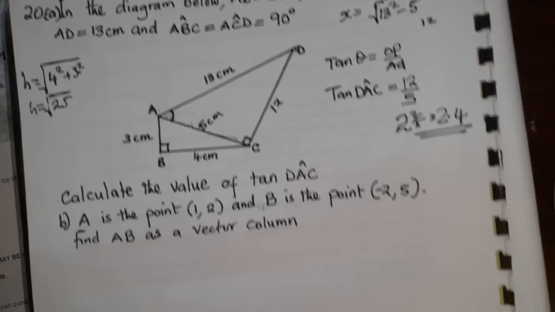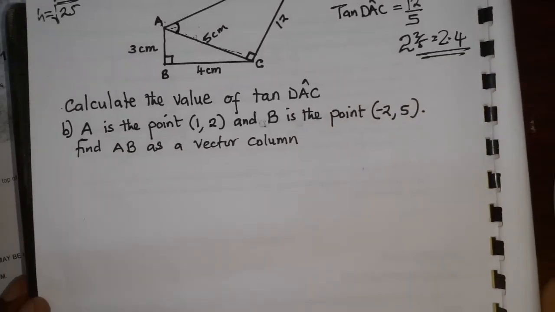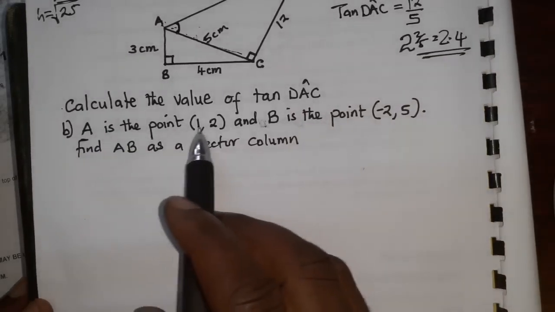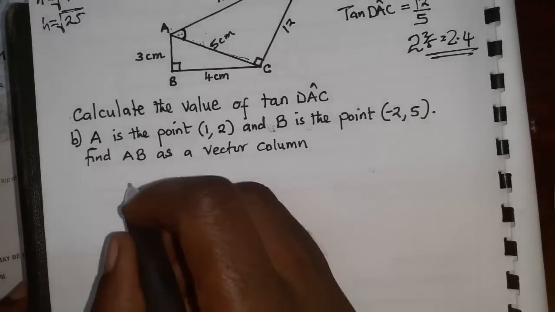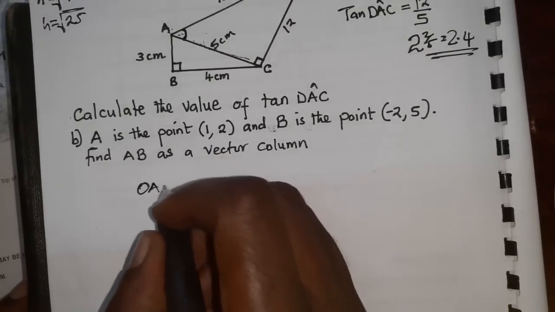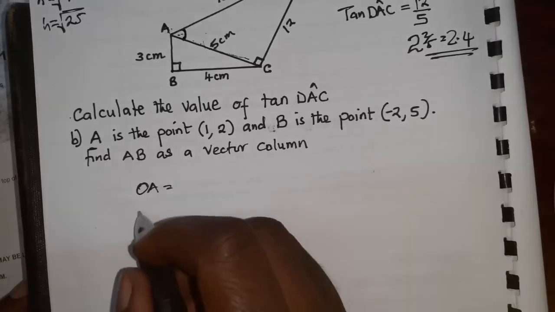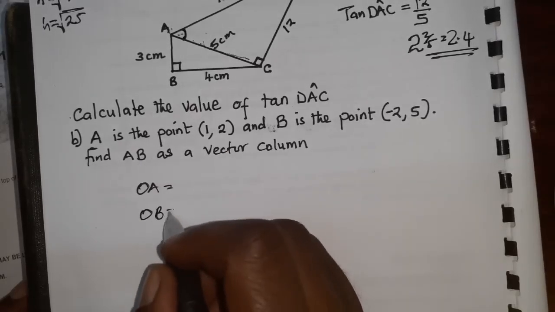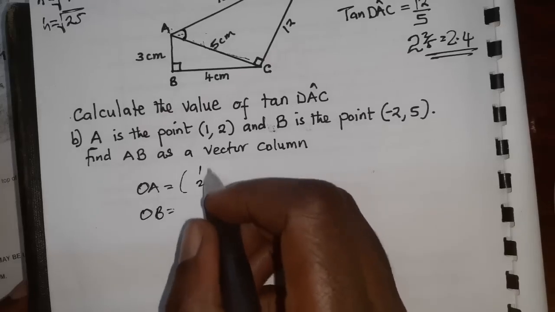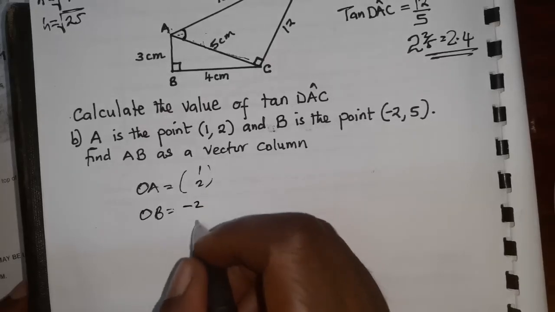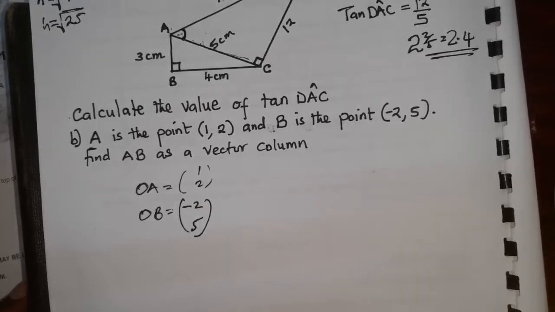We come to question 20B. A is a point, so OA is this point, and OB is this one, 1, 2, and this is -2, 5.